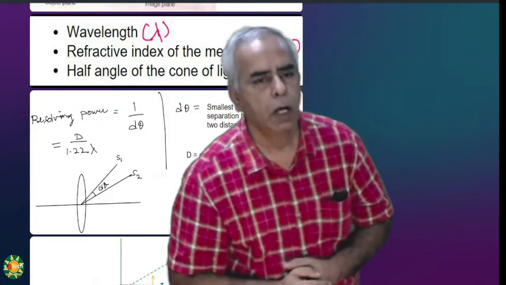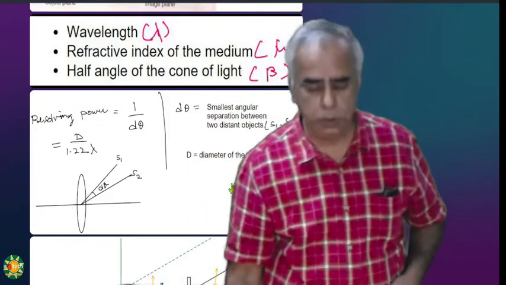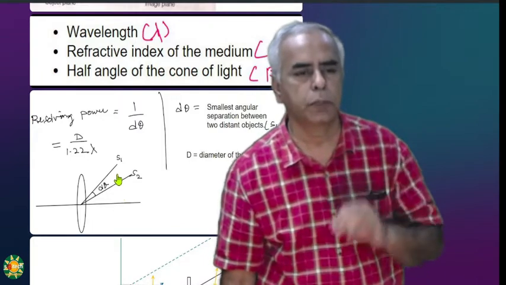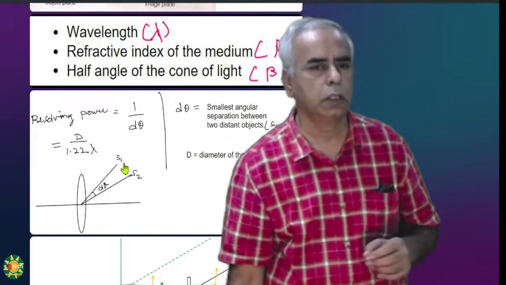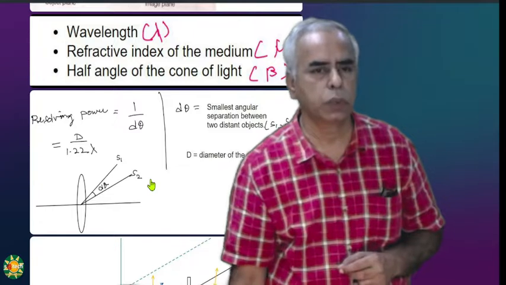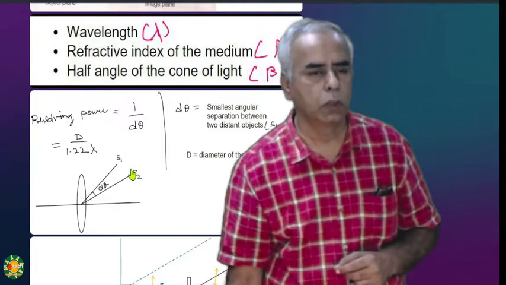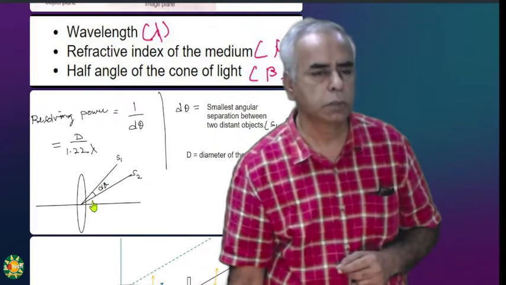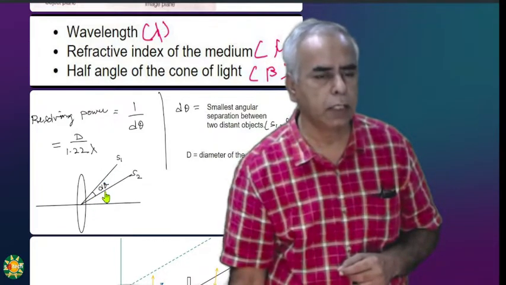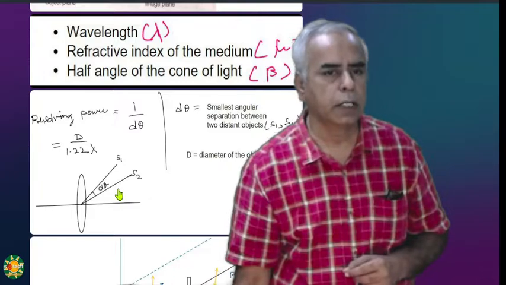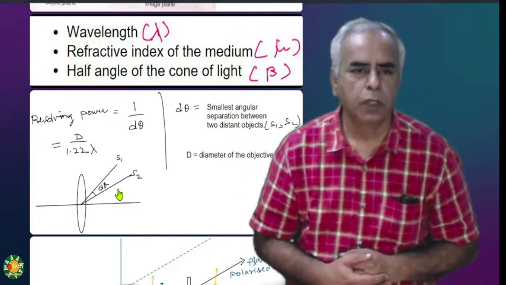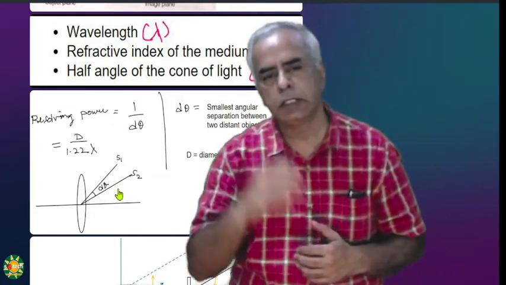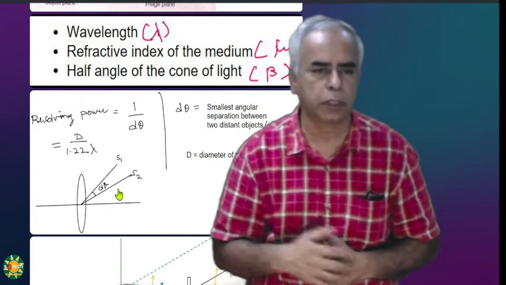Let me have a simple diagram. S1 is one of the sources and S2 is another one, so we have these two objects. When we view like this, there is an infinitesimally small angle between these two, and that is called d theta. And D is the diameter of the objective lens.